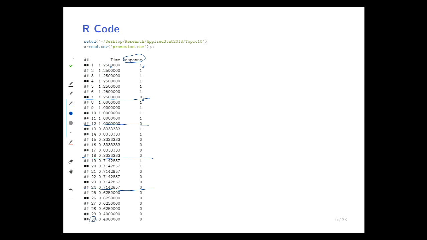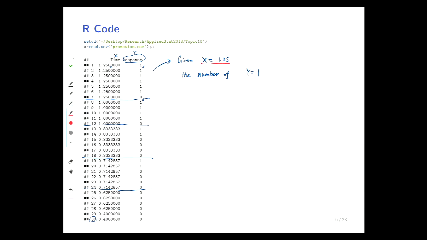Secondly, we can actually compute something by using this data set. What can we compute? If we treat time as x and the response variable as y, then given each value of x, for instance x equals 1.25, we can compute the number of y equals 1 given this category.